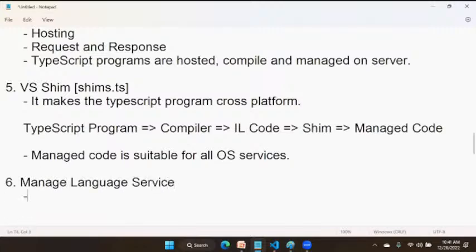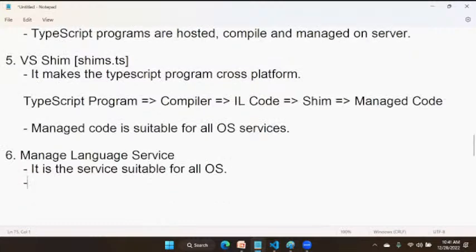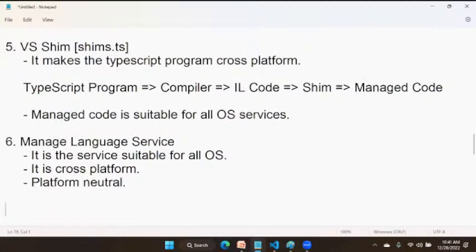It is the service suitable for all operating systems. So actually it is cross platform. You can say platform neutral also. All this is important. That is the basic architecture of TypeScript, how TypeScript actually works.